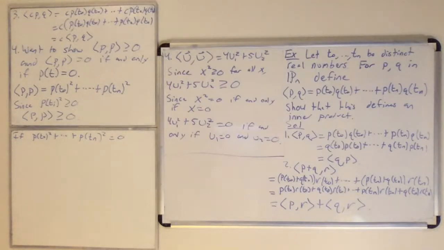Why is that true? So I guess the question is, if p evaluated at all n plus 1 of these numbers gives us 0, then it must be the 0 polynomial. Why is that true?